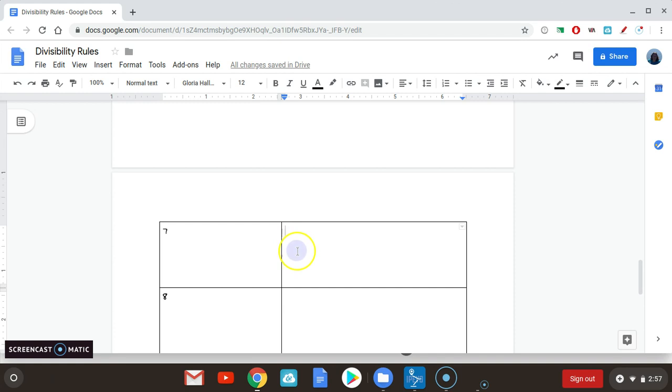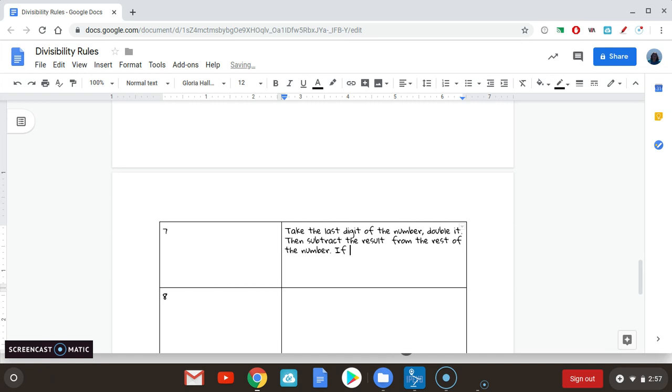When we take a look at the divisibility rule of 7, 7's a wonky rule, and sometimes it's just going to be easier to divide it out, but we'll at least go through so you have it. You're going to take the last digit of the number, double it, then subtract the doubling from the rest of the number.